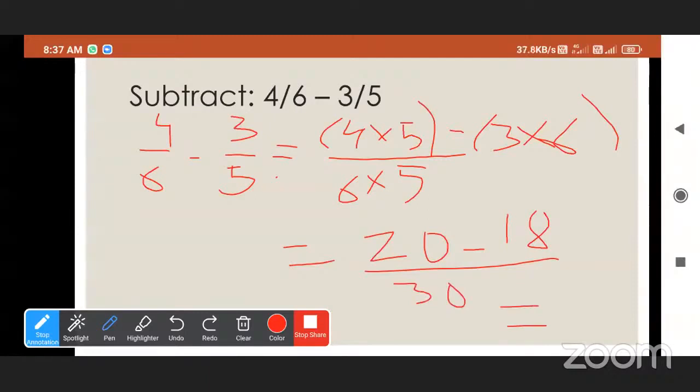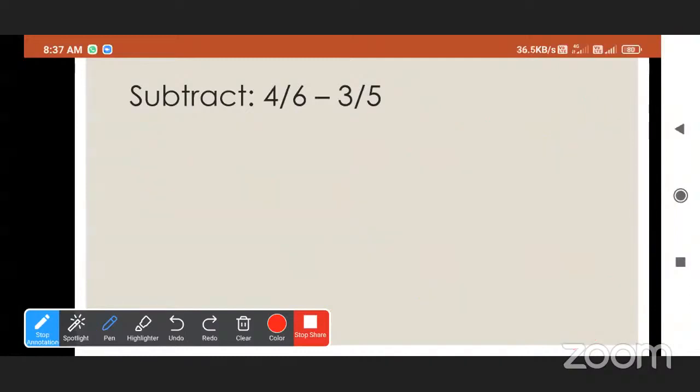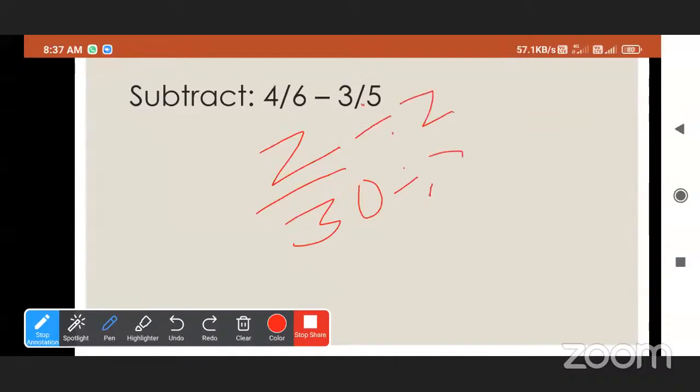Now 20 minus 18 is 2. So the answer is 2 upon 30. But if we divide both by 2, we will get 1 upon 15.